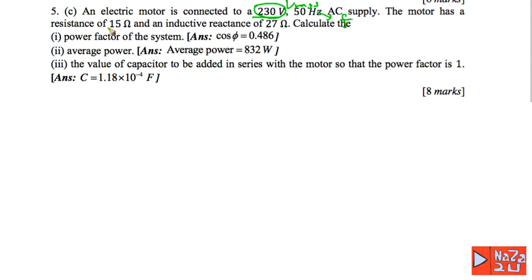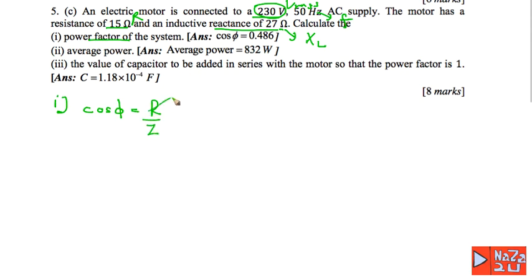The motor has a resistor of 15 ohm, so this is R, and inductive reactance is 27 ohm, so this is XL. Number 1, what is the power factor? To calculate the power factor, you can use the equation cos psi is equal to R over impedance Z.